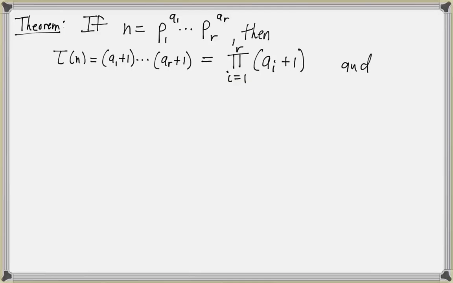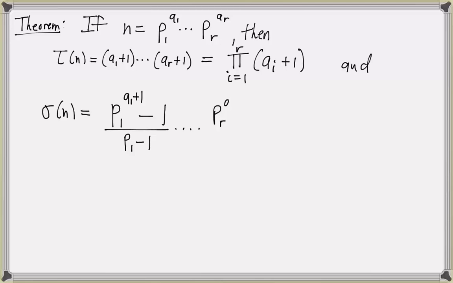And the general formula for sigma of n looks like sigma of n equals p1 to the a1 plus 1 minus 1 over p1 minus 1 times all the way up to pr to the ar plus 1 minus 1 over pr minus 1.